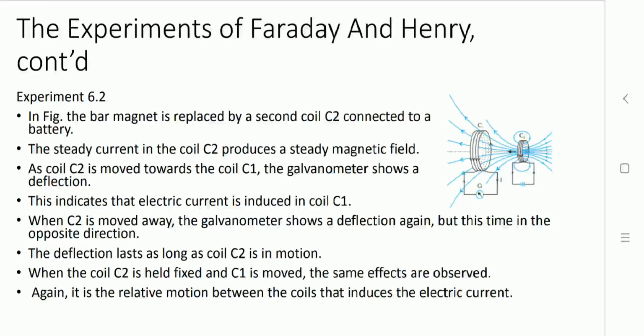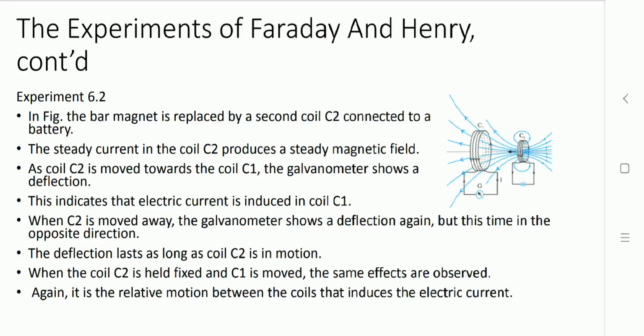While current flows in C2, we move this coil towards C1, and we observe the deflection in the galvanometer, which shows that electric current exists.